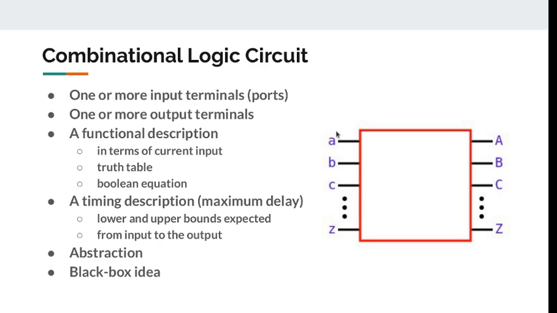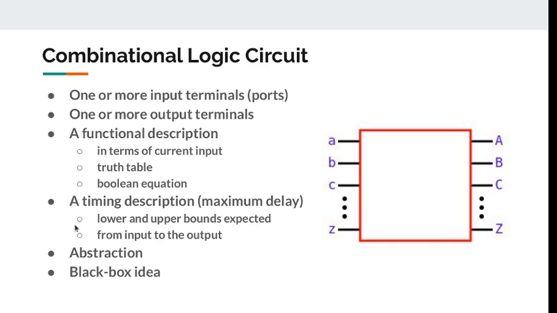And basically, what we need to describe this module, this IC or this combinational logic circuit, is what the inputs are, so how many inputs, which are the inputs, which are the outputs, and a functional description that could be a truth table, or that could be a Boolean equation.